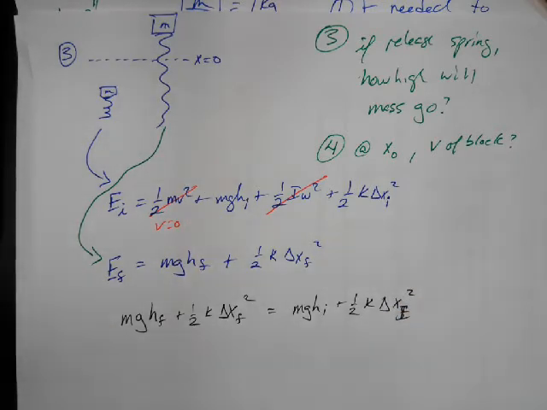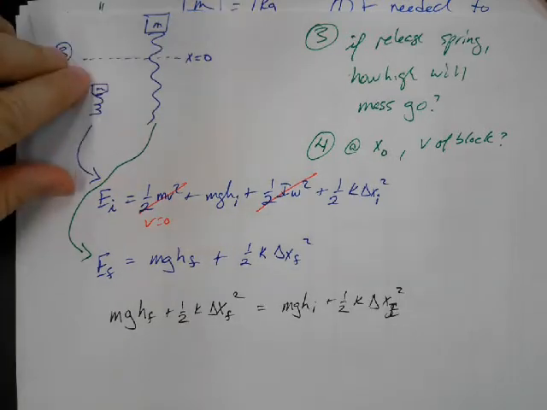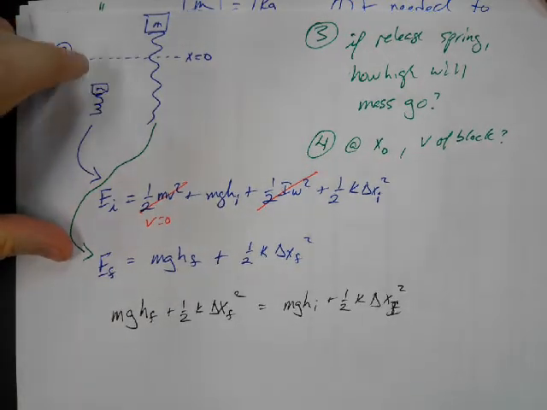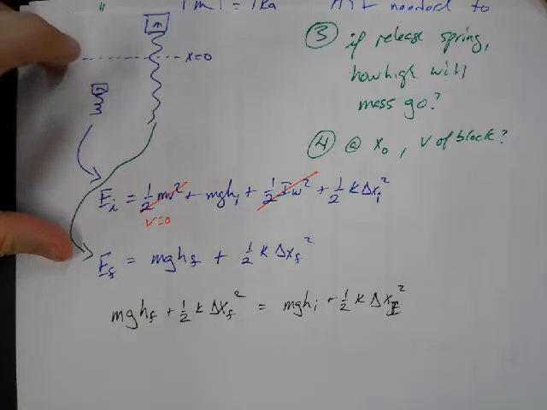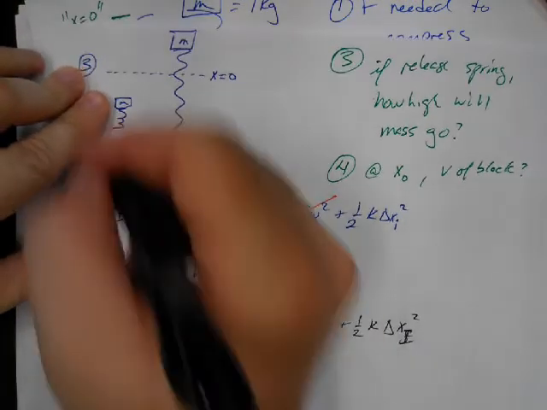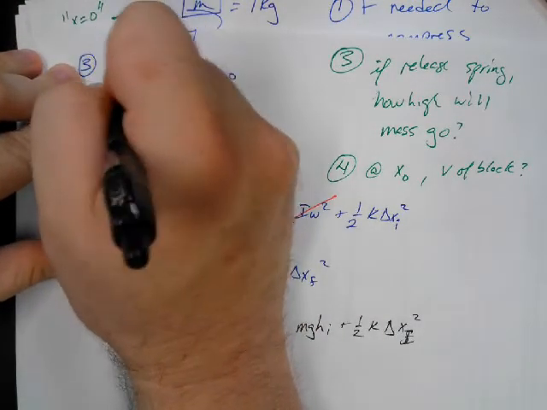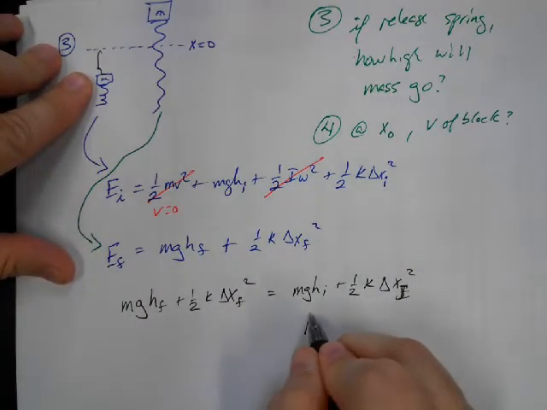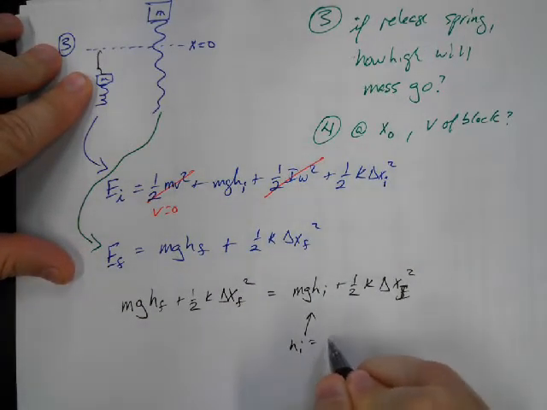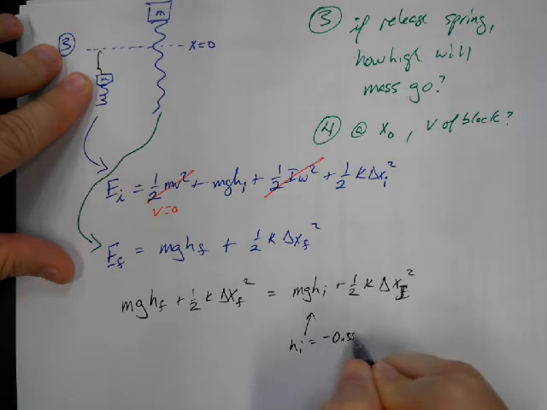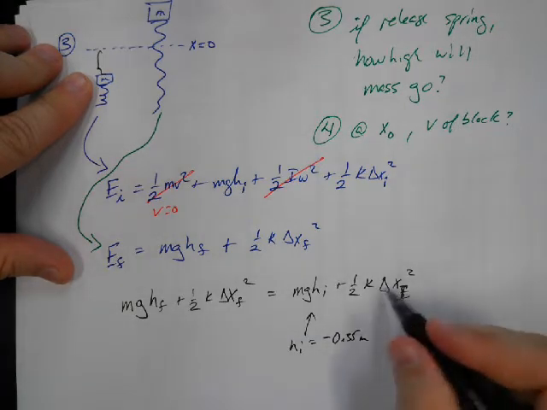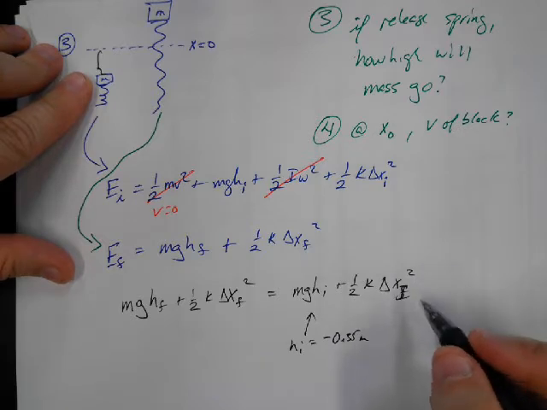Now we need to think, what is our h initial and h final? Well, h initial equals delta x initial. The idea is that h initial is negative. h initial is minus 0.35 meters, and delta x initial is the same, but you're squaring it, so it's going to be positive eventually.